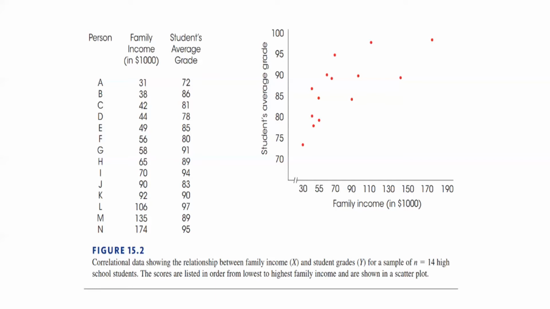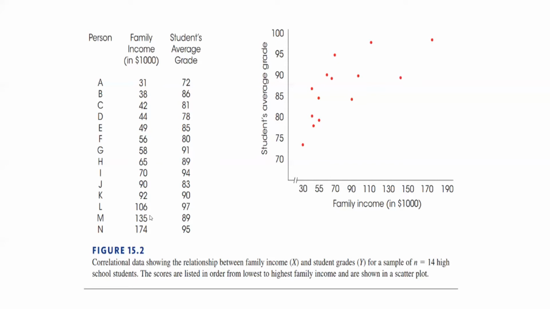Of course, not everyone in this sample will necessarily follow that trend. Some have very high income or very low income, but they still get good grades. Some have very high income, but they get low grades.